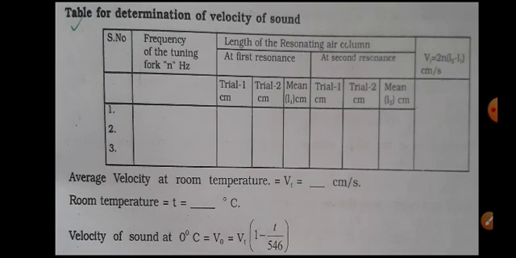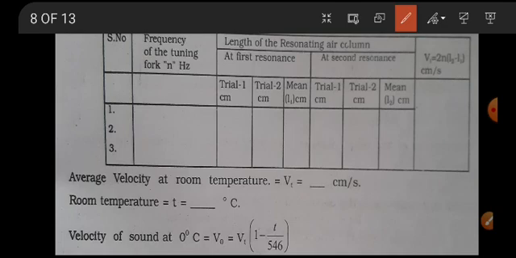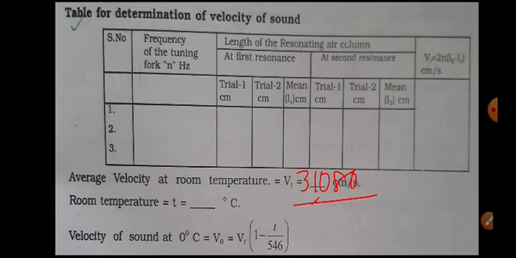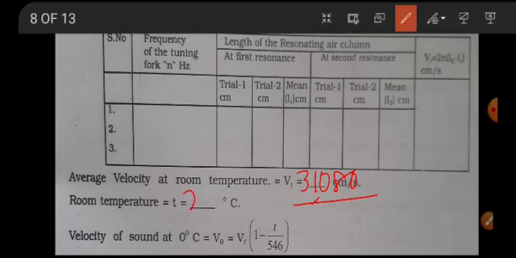For example, that is 31,080 centimeter per second. The room temperature is taken as 28 degrees Celsius. Then you can find out the next value.